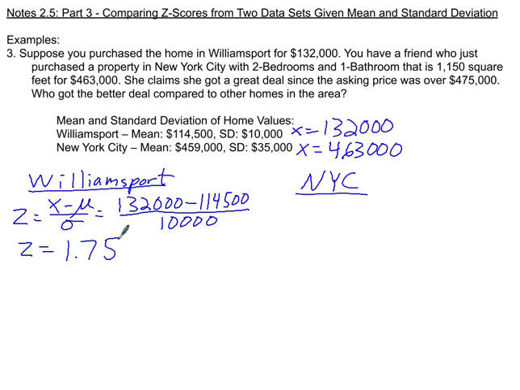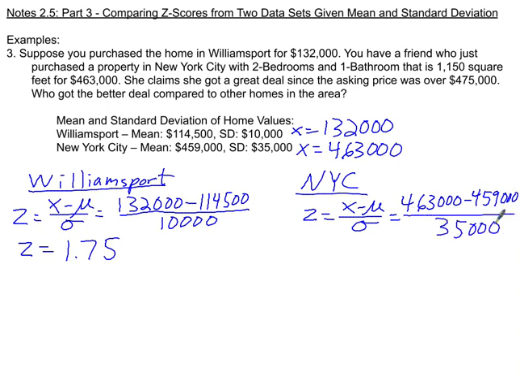For the New York City home, we have z equals x minus mu divided by standard deviation again. So we substitute 463,000 minus the mean of 459,000, divide by the standard deviation of 35,000, and we have a z-score of 0.11.